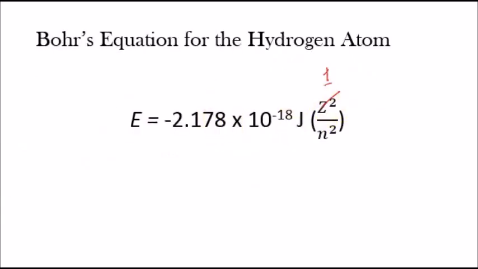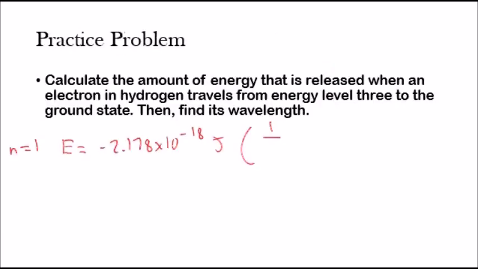We're going to be talking about what that means later. Over, and since we're talking about energy level 1, it's 1 squared. So this is just going to be negative 2.178 times 10 to the minus 18 joules. This number is saying that an electron in energy level 1 is going to have this much energy.